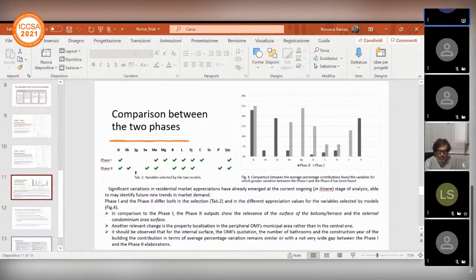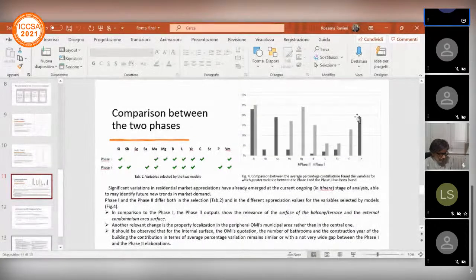But it is interesting to highlight that for the phase 2 appears the variable surface of the balcony, and also there's a change in the OMIS band taken, that for the first phase there's a preference expressed in the central area, and in the second phase there's a preference expressed for the peripheral area.